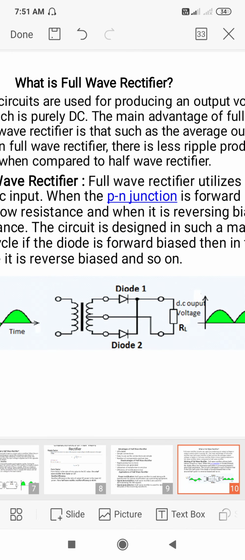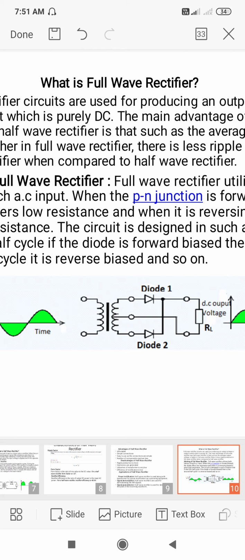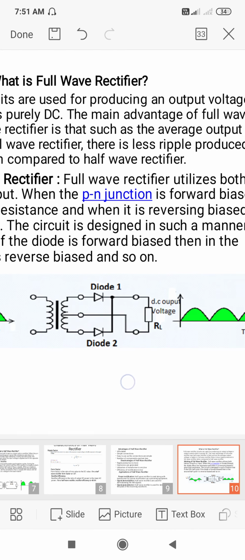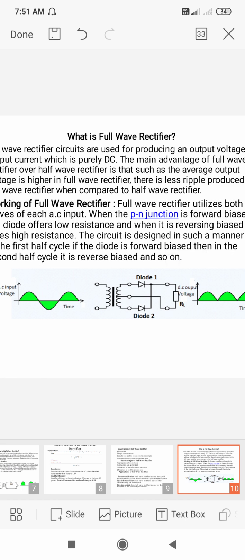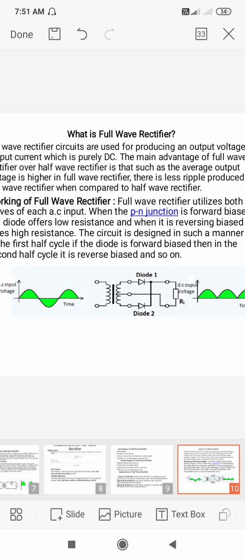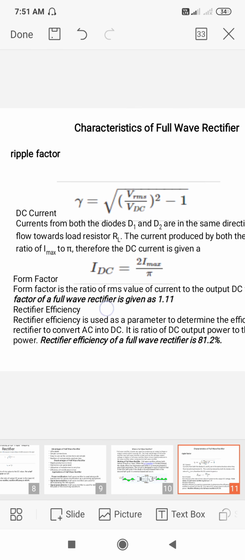Two diodes are connected in the circuit along with the transformer, and this transformer is center tapped, connected to the load for the DC output, and the DC output is full wave. Now we have a comparison between the half wave and full wave rectifiers.